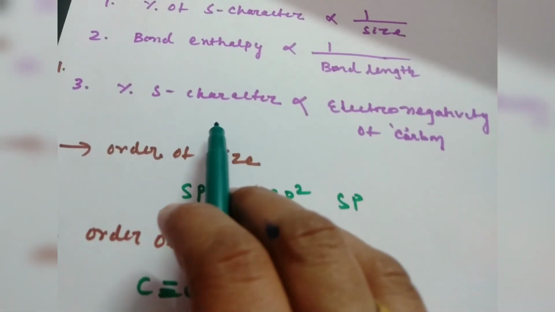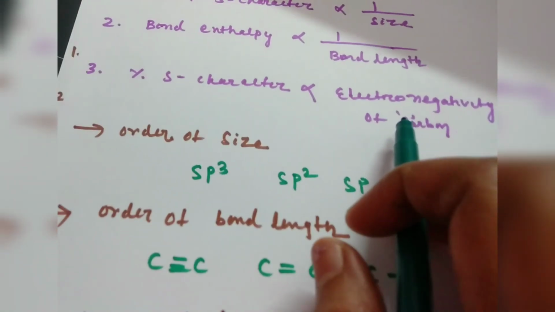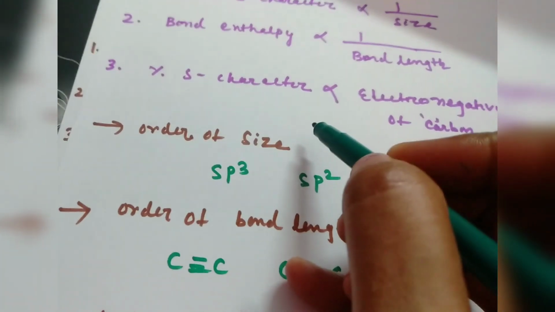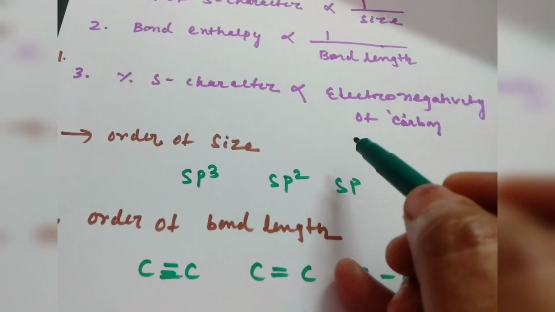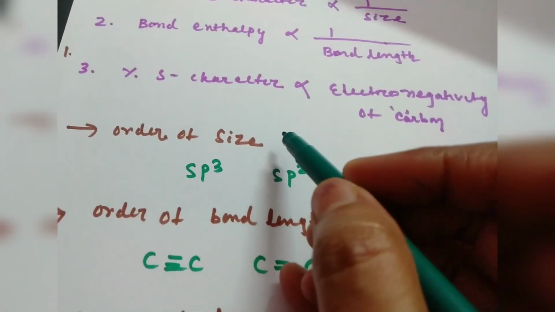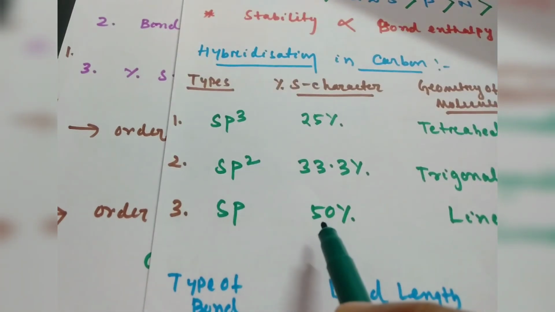Third one is percentage of s character is directly proportional to the electronegativity of the carbon. That means if we take different types of hybridization, sp3, sp2 and sp, where is the percentage of s character more? In sp hybridization, the percentage of s character is more, 50%.